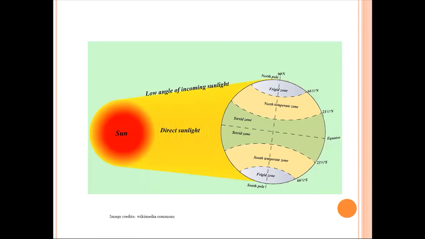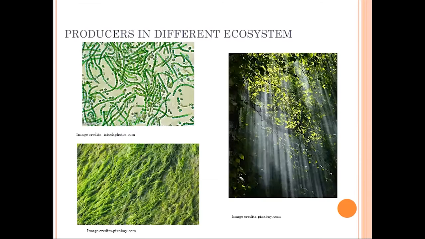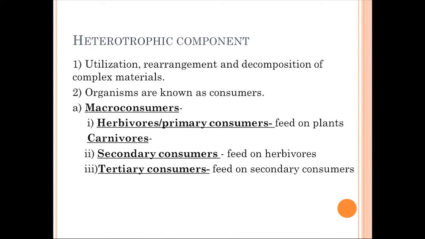Okay. Macro means large. So these are essentially larger in size and they are responsible for directly ingesting or eating other plants or animals. Okay, what did I say?